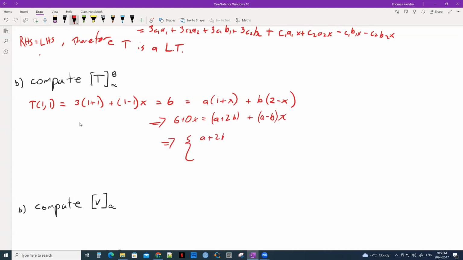A plus 2b equals 6, and a minus b equals 0.